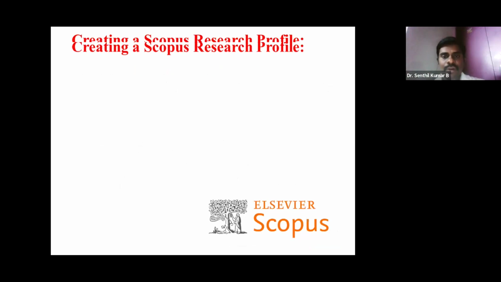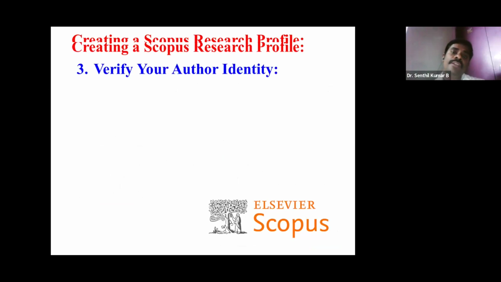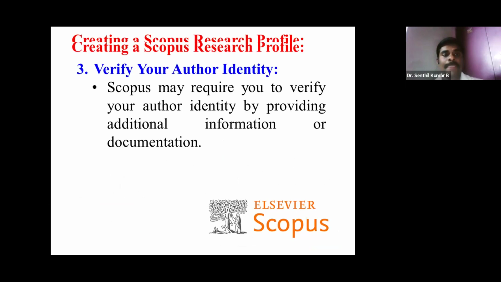After claiming your publication profile, the third step is to verify your author identity. Scopus may require you to verify your author identity by providing additional information or documentation. Sometimes they may ask you for certain additional information and documentation.